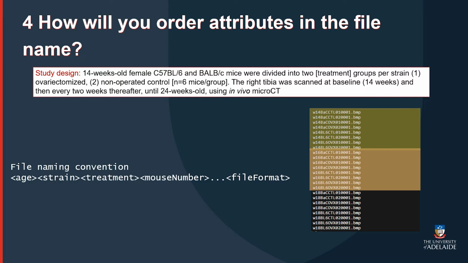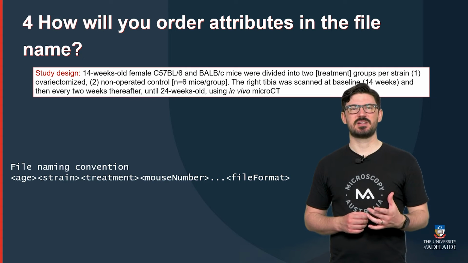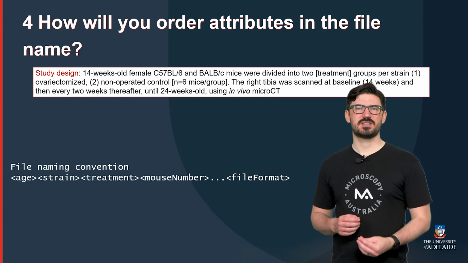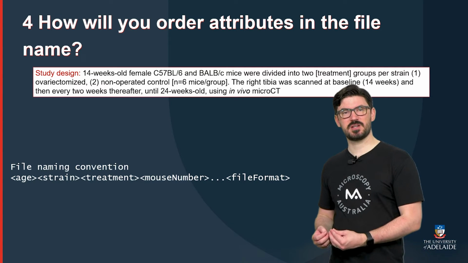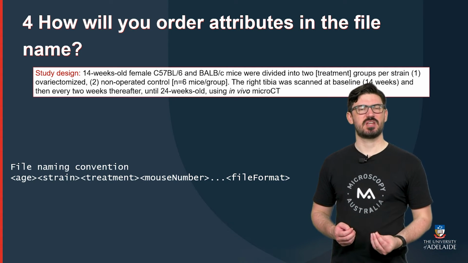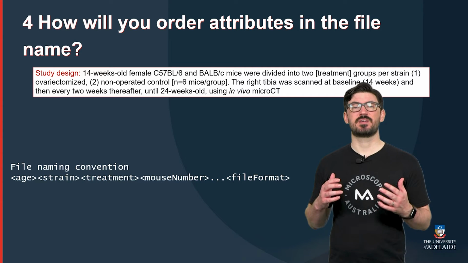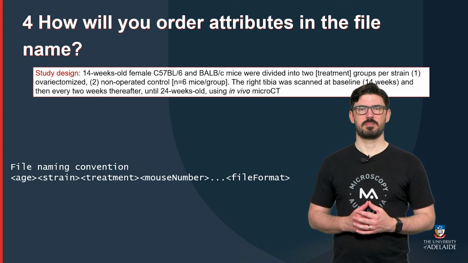But operationally, this wasn't how I intended to analyze the data set. I was only interested at any one time in analyzing the mice according to their mouse strain. That way I could answer the question, how did surgery affect measurements made on black 6 mice, and how did those measurements change over time? Similarly, how did surgery affect measurements made on bulb C mice, and how did those measurements change over time?